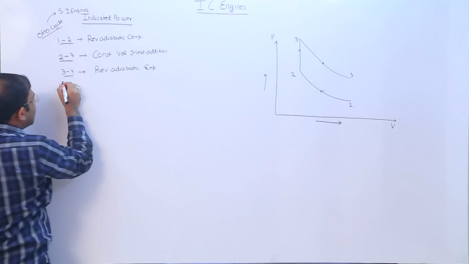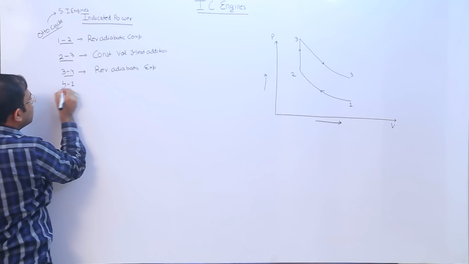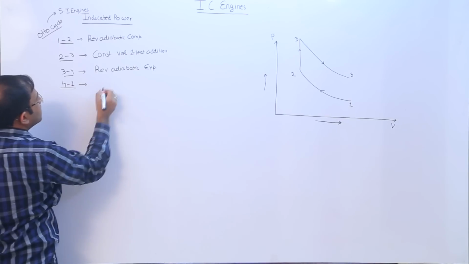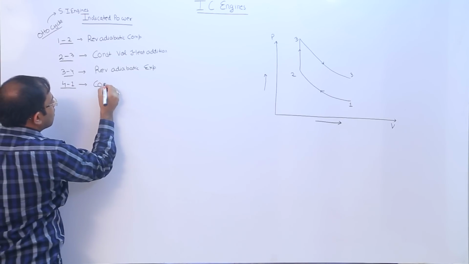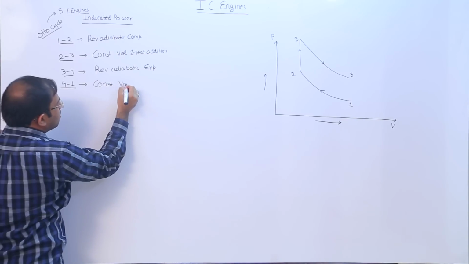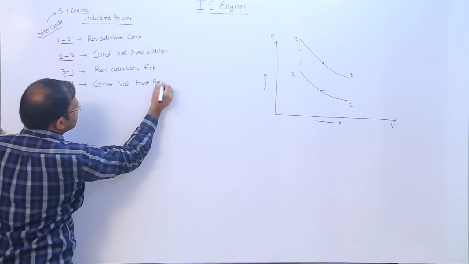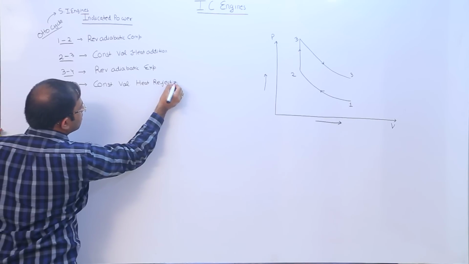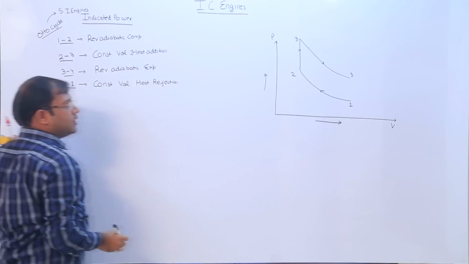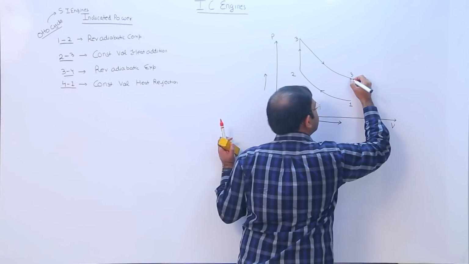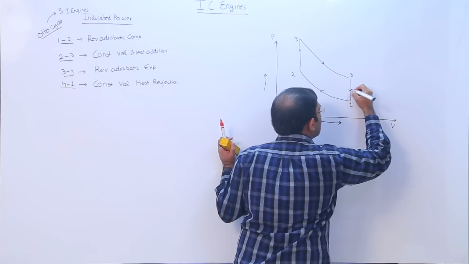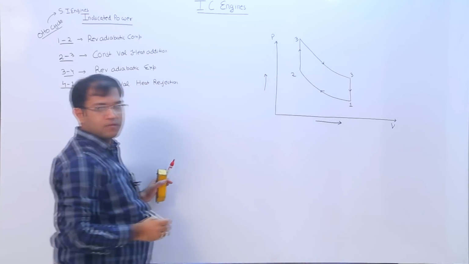And the last process, 4 to 1, is nothing but your constant volume heat rejection, and it will be plotted something like this on a PV curve.